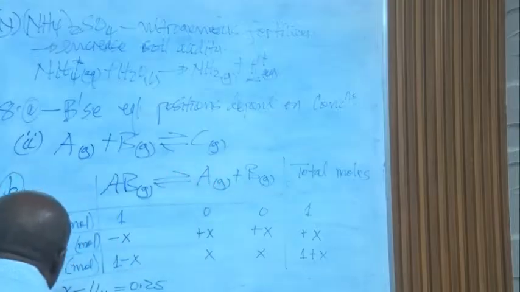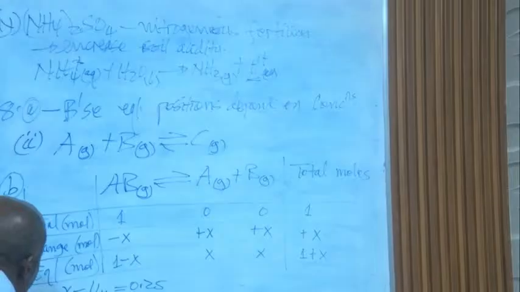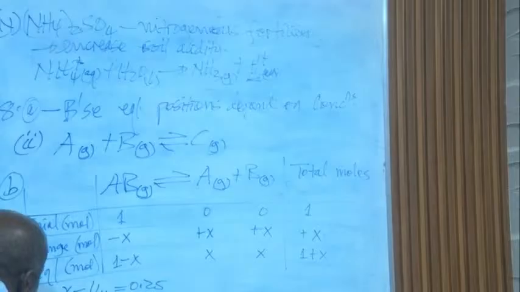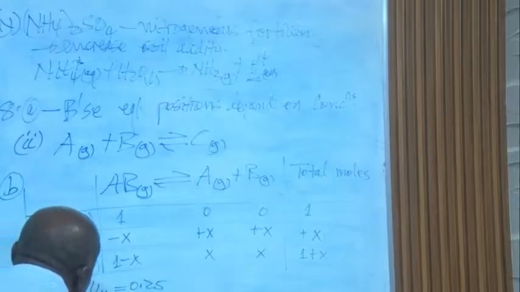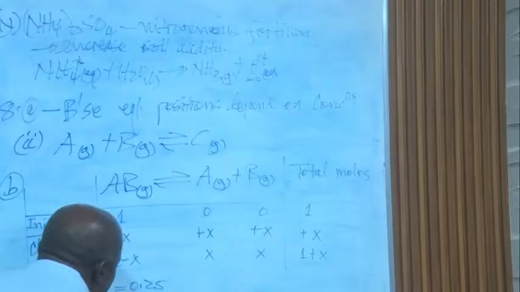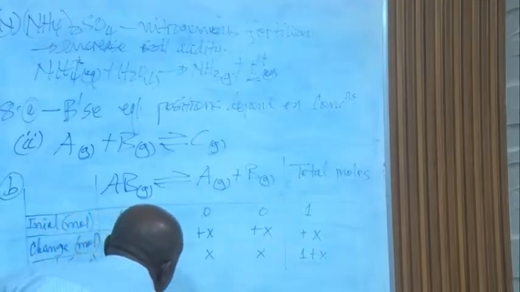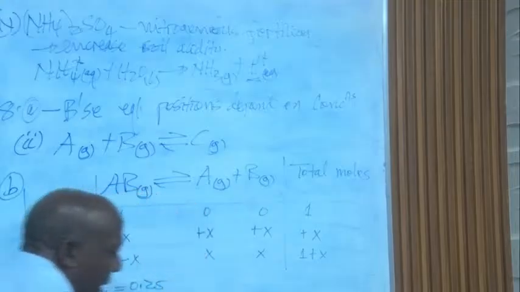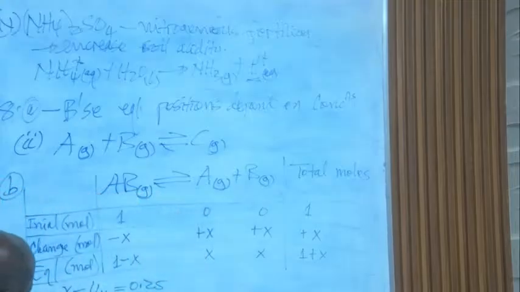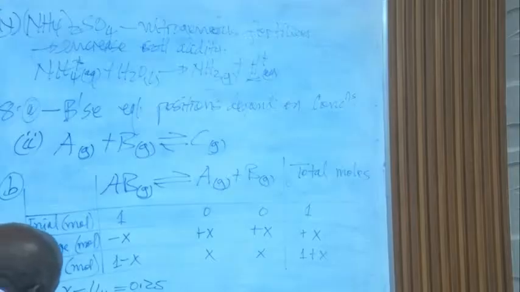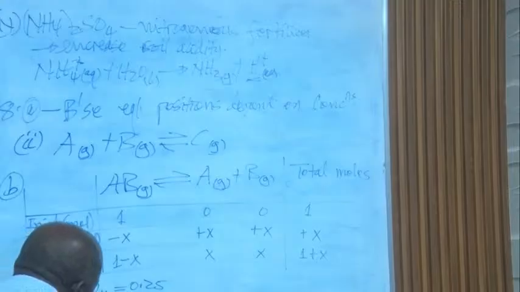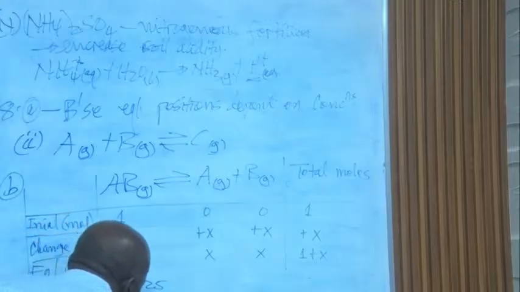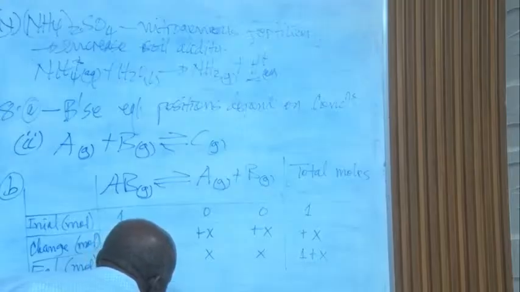Now let us calculate the number of moles. The number of moles of AB is 1 minus x, which is 1 minus a quarter, which is 3/4, or 0.75. These are the equilibrium moles of AB. Then the number of moles of A is equal to the number of moles of B, which is x, equal to 1/4 or 0.25.